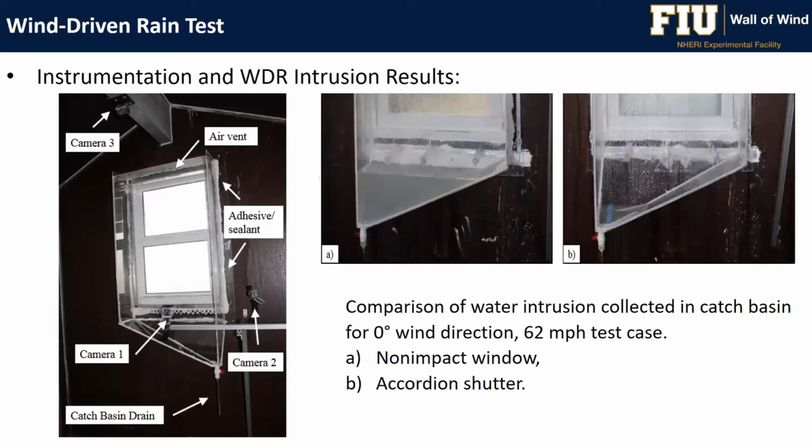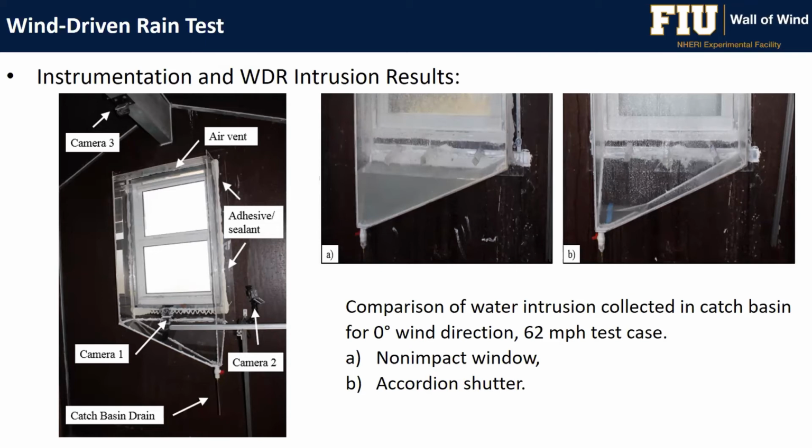And here you can see some findings from a full-scale study. So what we did here is we included some instrumentation on, again, this is related to wind-driven rain intrusion, but at full scale. So we can include a camera on the interior of the model to see what is happening. And we have that basin, the catch basin drain.